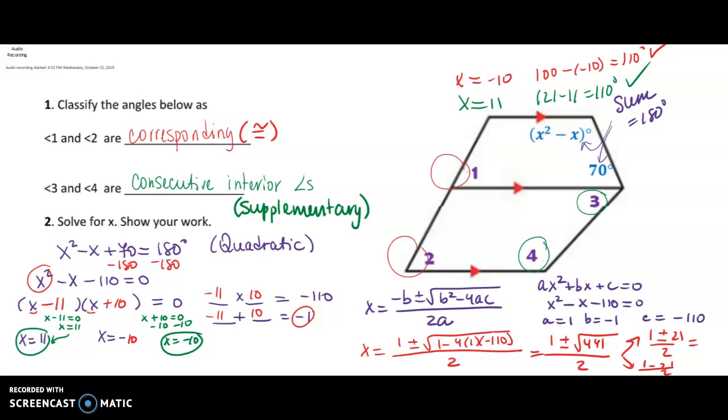If I do the plus, I get 22 over 2, which gives me the 11. And on the bottom, if I do 1 minus 21, I get negative 20 over 2, and that gives me the negative 10. And again, as before, both worked. So either approach is fine.